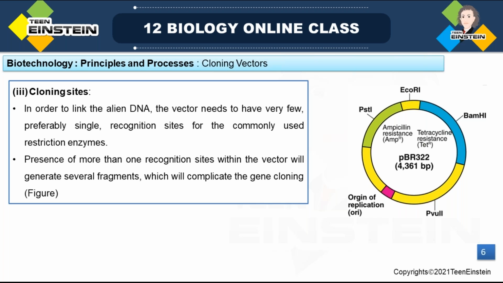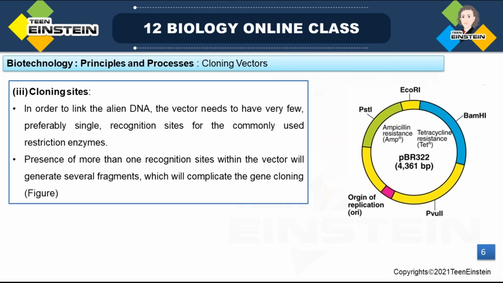At that site, the foreign DNA or the alien DNA is getting inserted into that vector. We have already discussed restriction enzymes, right? We have learned how a restriction enzyme will work, how it will cut.